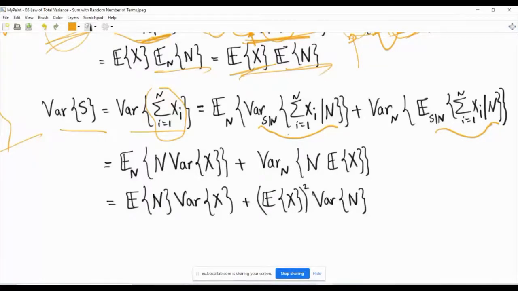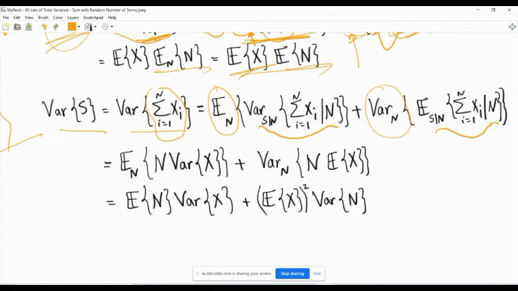Then we remember that N is actually a random variable, and we do the expectation or the variance with respect to N. But the inner expectation or inner variance, this is the beauty of it, is done fixing N, treating N as if it's a constant.